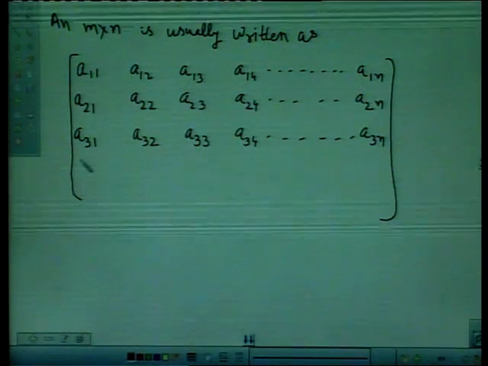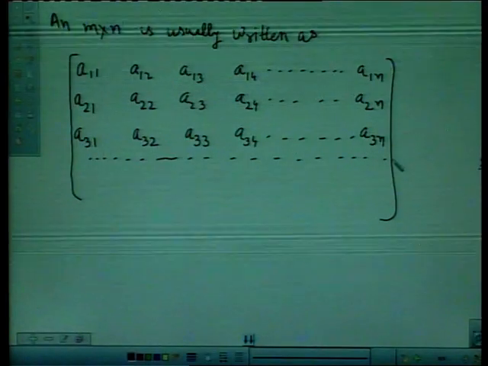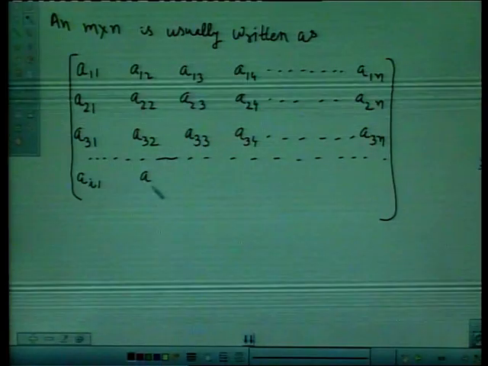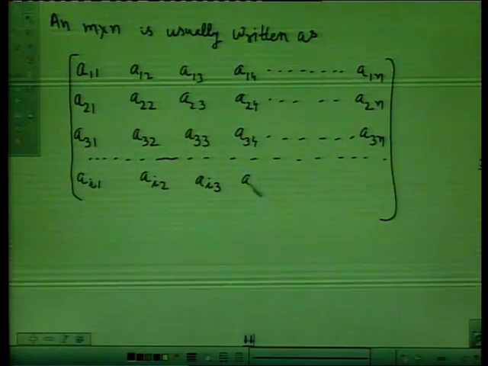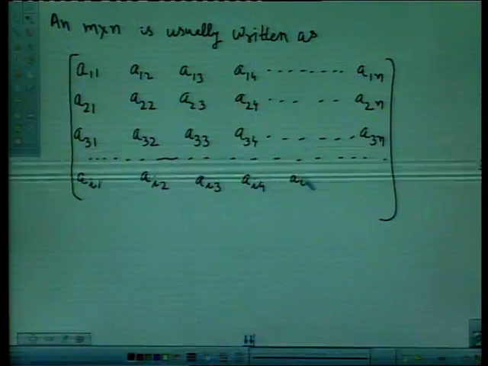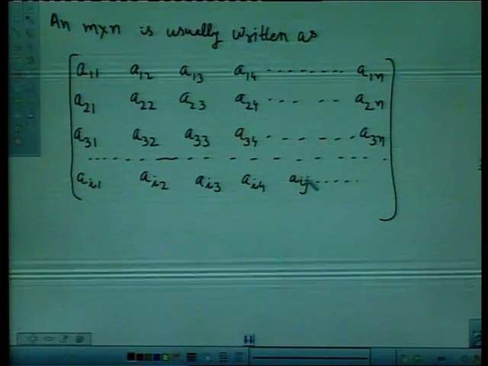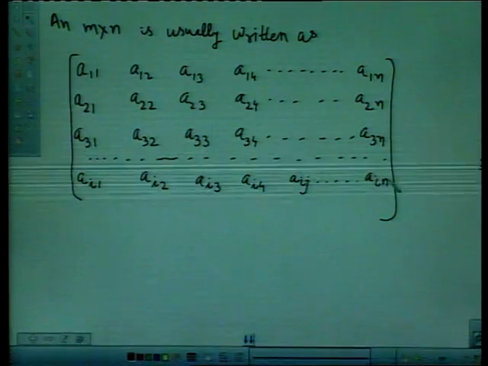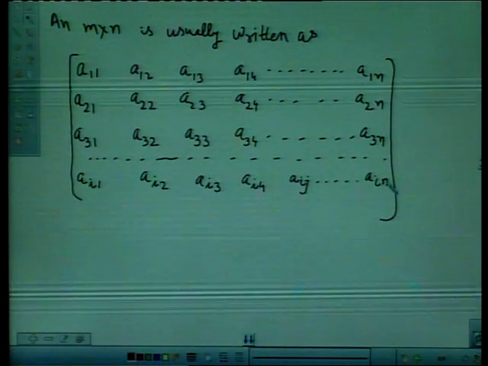And similarly we can write the ith row: ai1 ai2 ai3 ai4, and in between, for the jth column, we can write aij, and this is ain. This is our nth column and this is the ith row.